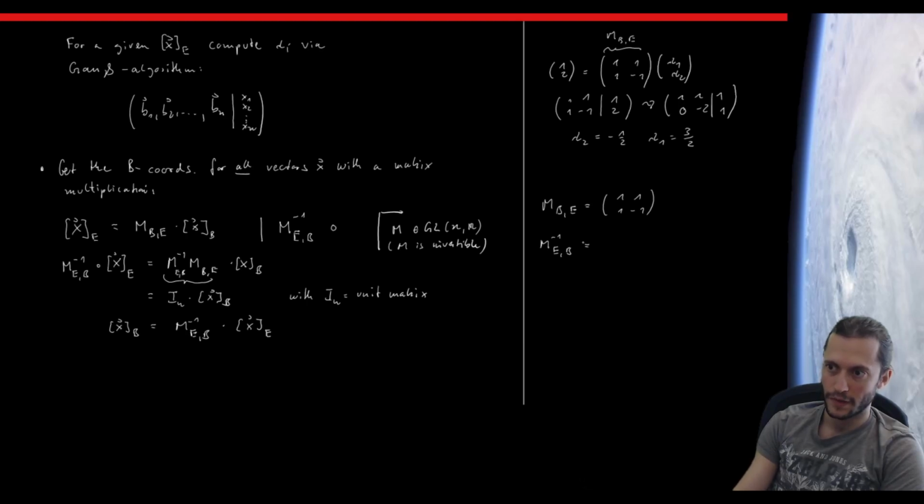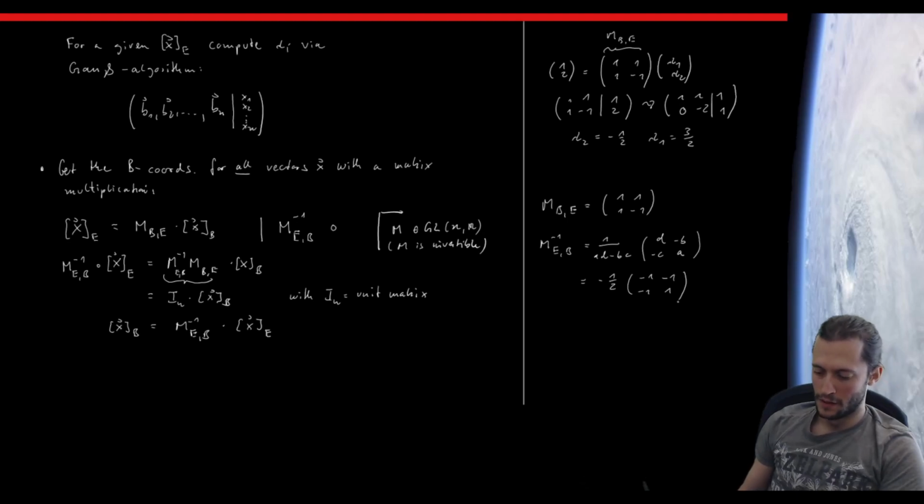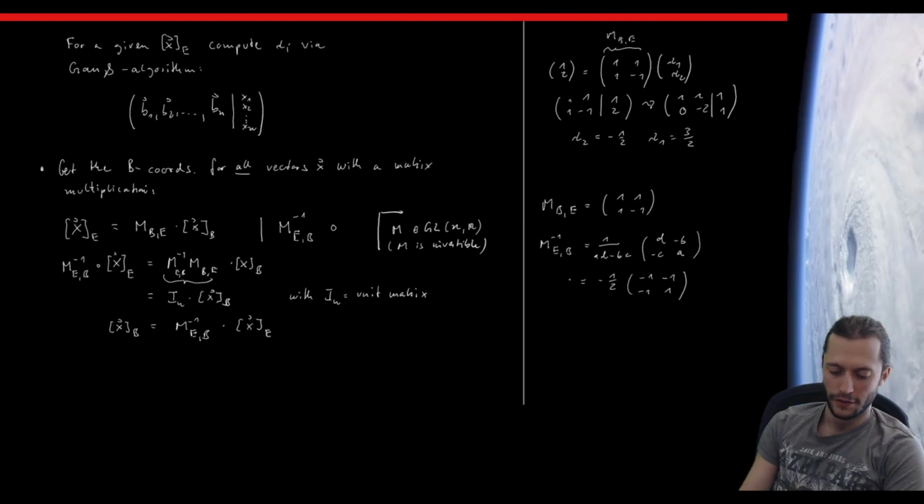It goes like that: if this was A, B, C, D, then you have 1 over the determinant of M, which is AD minus BC, times changing the diagonal elements and multiplying the other ones by minus 1. So in this case, this is 1 times minus 1 minus 1, which is minus a half, times changing the minus sign. That's that. So we found the inverse matrix by this formula.